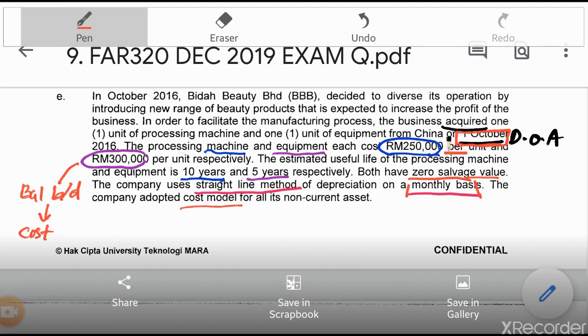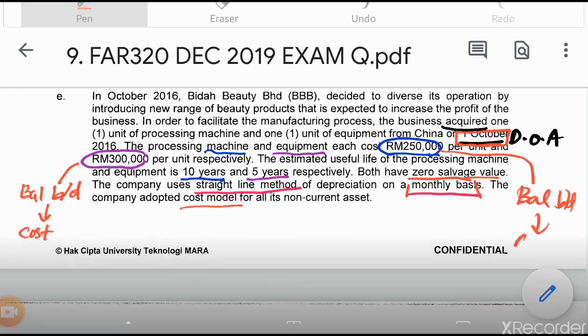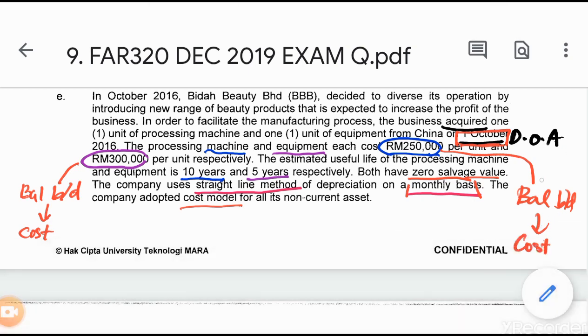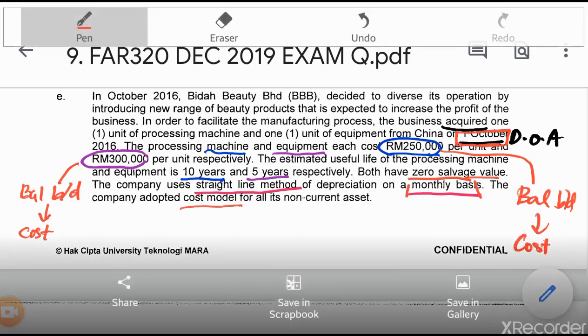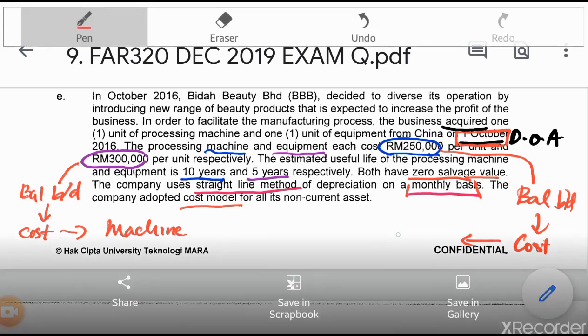The one for equipment was just now 300,000. So these are also to be put as part of the cost balance. The cost here is the cost of the machine as the beginning balance, and the one here is the cost of the equipment.